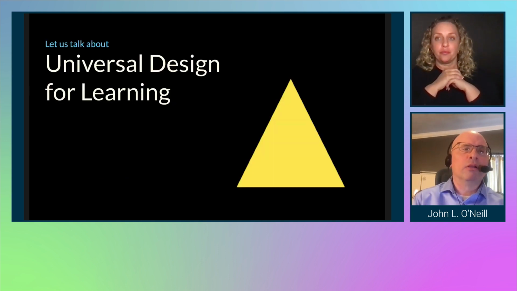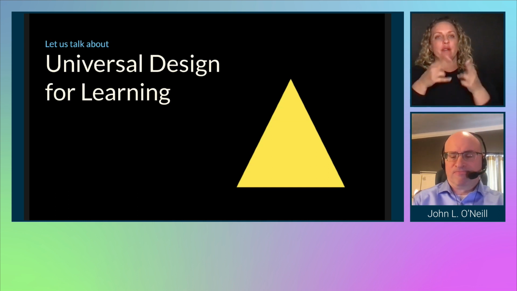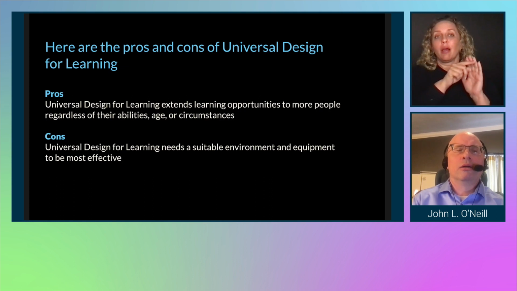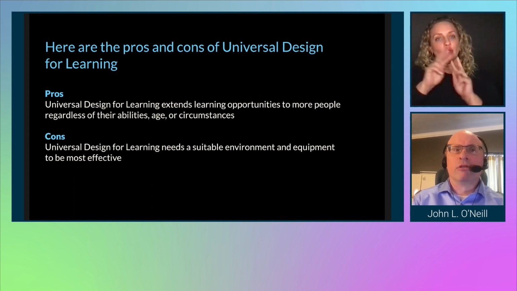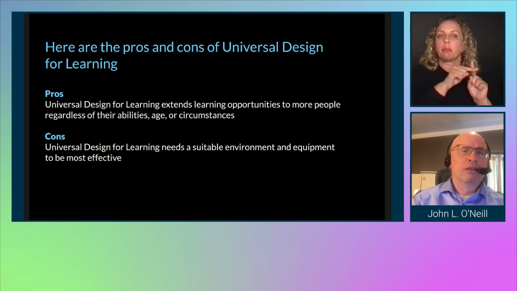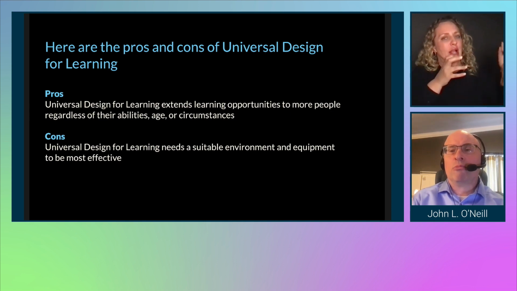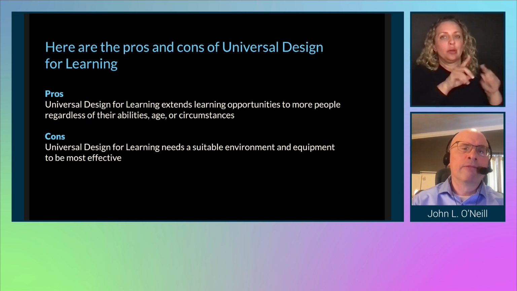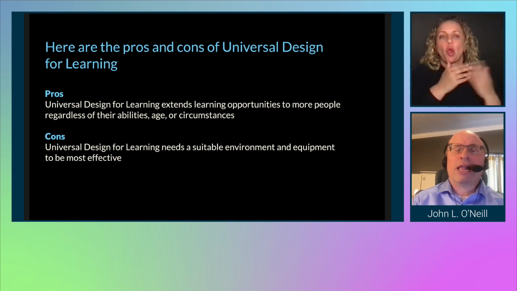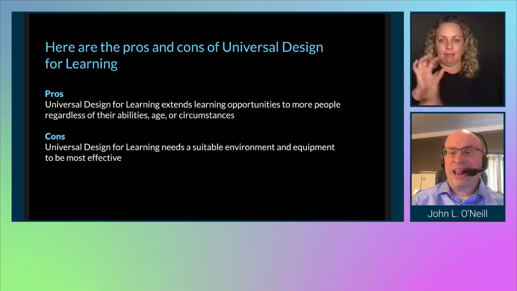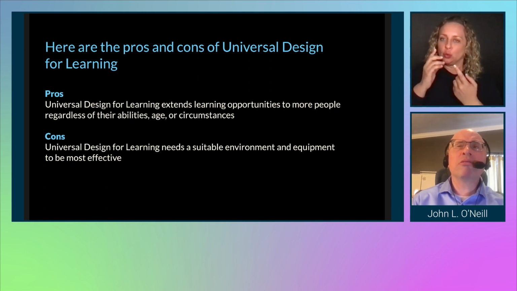Let's talk about universal design for learning. Here are the pros and cons for universal design for learning. Pros. Universal design for learning extends learning opportunities to more people regardless of their abilities, age, and circumstances. Cons. Universal design for learning needs a suitable environment and equipment to be most effective.